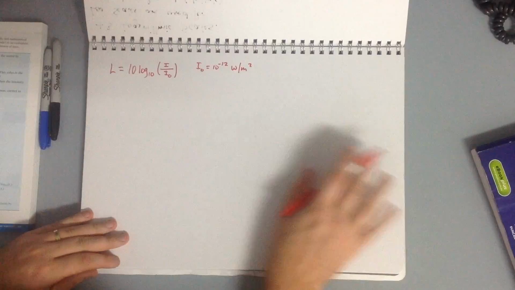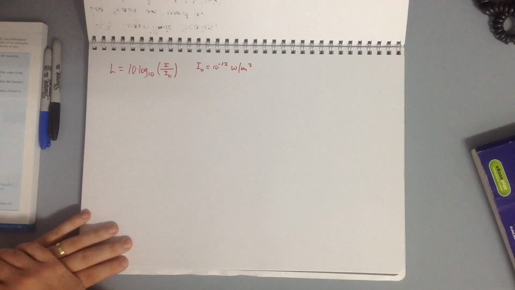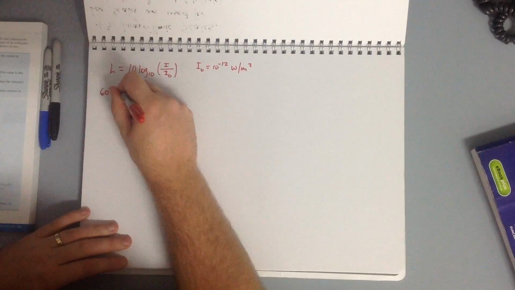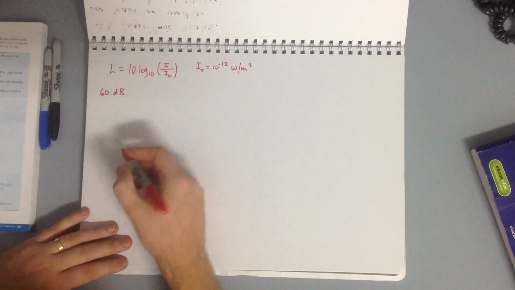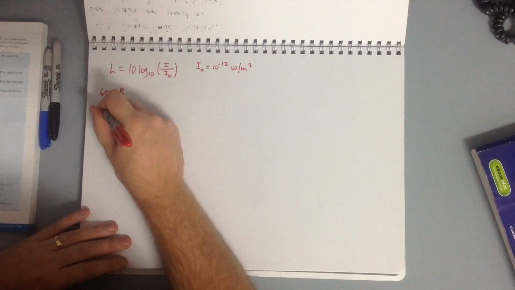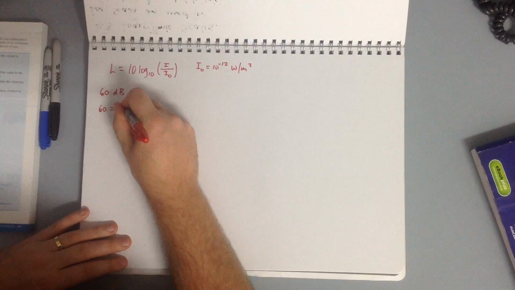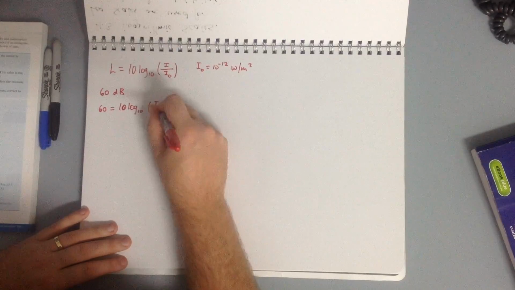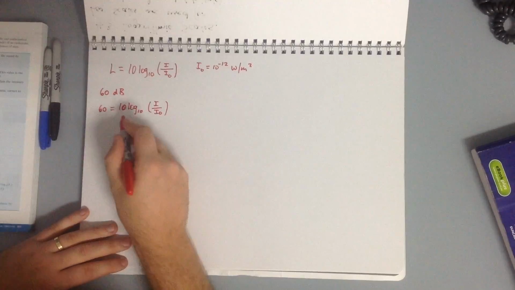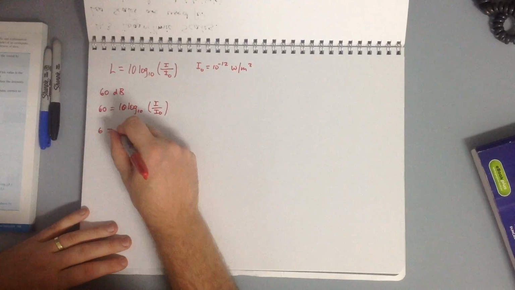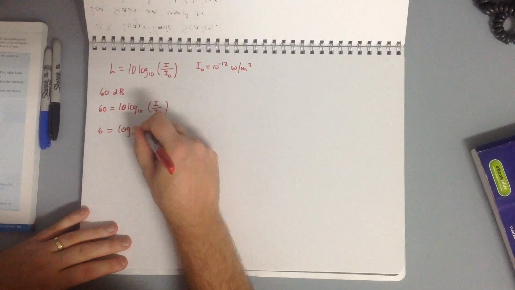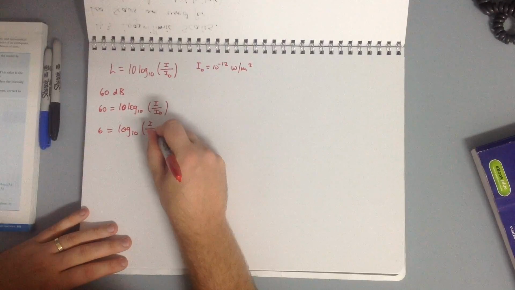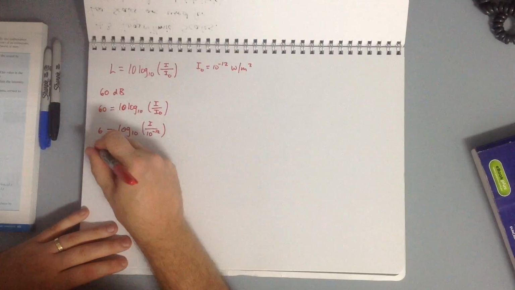What we wanted to find out is what's the intensity in watts per metre squared when we have a loudness value of 60 decibels. So what we need to do is put our 60 into our equation, so that we've got 60 equals 10 log to the base 10 of I over I naught. Well, we can divide by 10, making it 6, because log to the base 10 of I over, and we know our I naught is 10 to the negative 12.